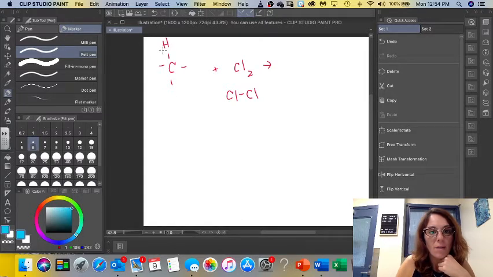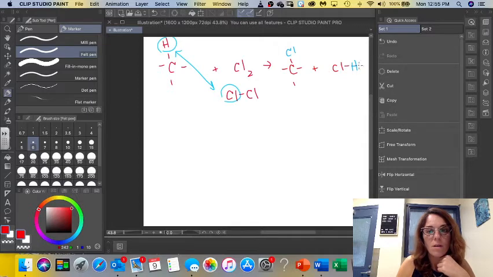So what will happen? The hydrogen and one of the chlorines will switch places with each other. So we are left with my carbon and my chlorine, but this time I've got a chlorine on here and a hydrogen over there. And then the rest of this molecule will be what it was before, and we've got that.